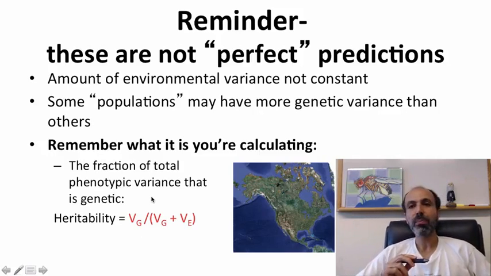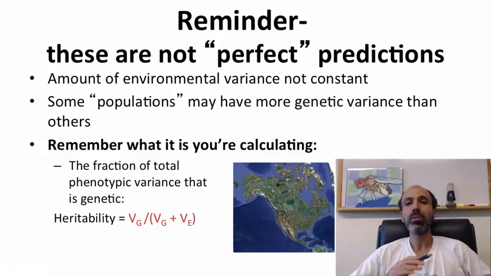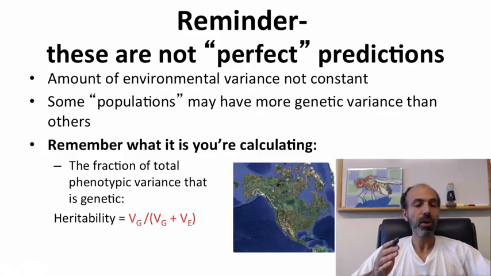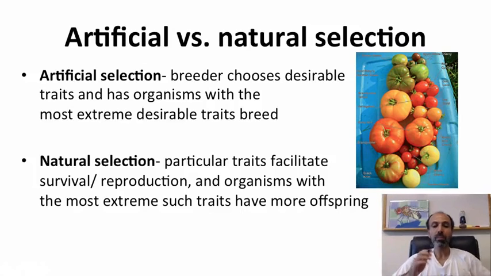But again, this is very important, and this is something that's utilized not just in the context of artificial selection, but for both artificial and natural selection. With artificial selection, these are very, very similar concepts. The breeder is choosing desirable traits and has organisms with the most extreme desirable traits breed. So let's say, for example, you're trying to select for friendlier collies.